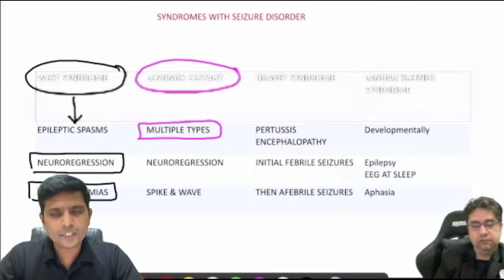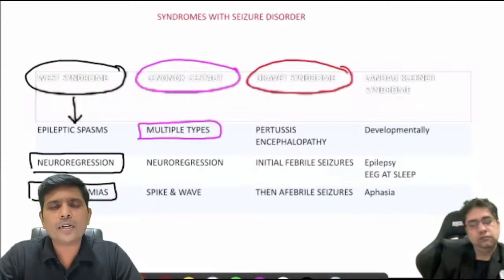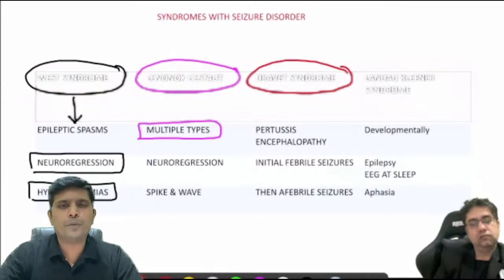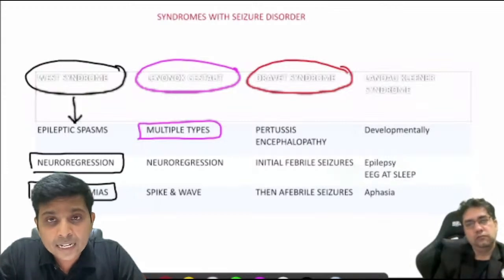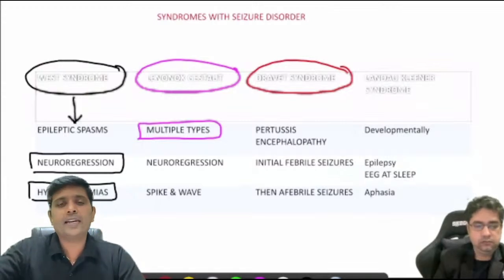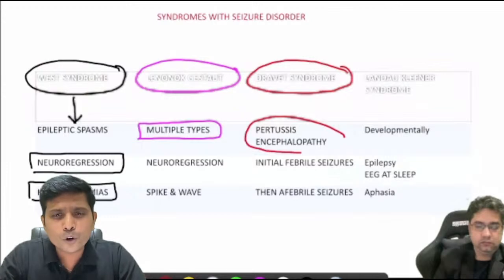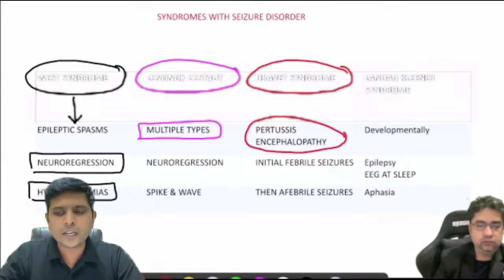As a pediatrician, I can say Dravet syndrome is otherwise called pertussis encephalopathy. What is that? See, you have 2 types of vaccines, whole cell pertussis and acellular pertussis. This whole cell pertussis is prone to produce encephalopathy.